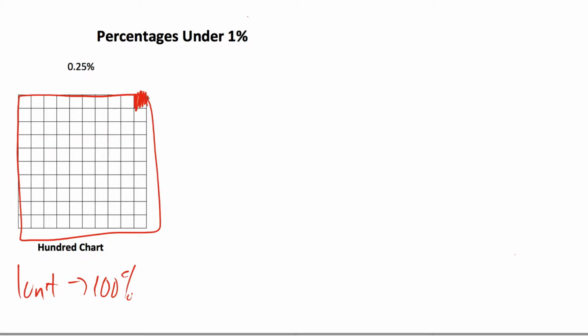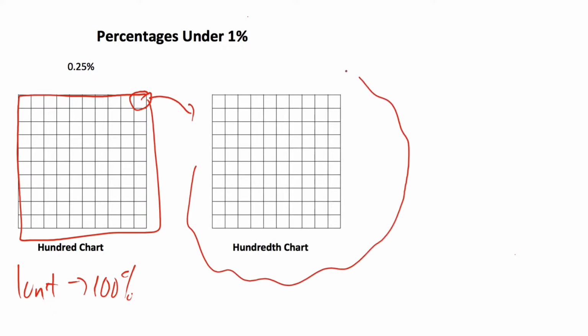Again, here in red I have my 1 unit, which is my 100%. And 1%, remember, is one of those 100 units. What does it mean when I have less than 1%? To help us understand this, I'm going to take my 1% square, and I'm going to expand it into its own set of 100 squares.